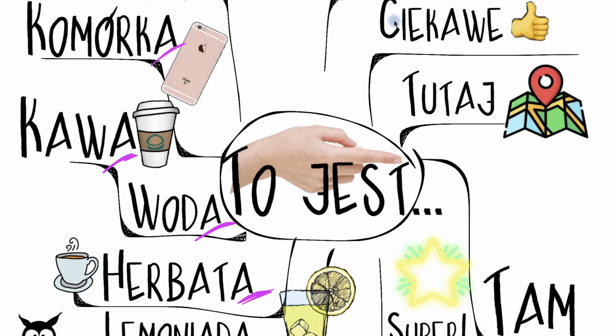It's the situation from a previous lesson when we had SI equals S accent. That's exactly the same here. CI equals C accent when it comes to pronunciation. So it's che. Ciekawe. And again, look, W, W. Ciekawe. Interesting. To jest ciekawe. This is interesting.